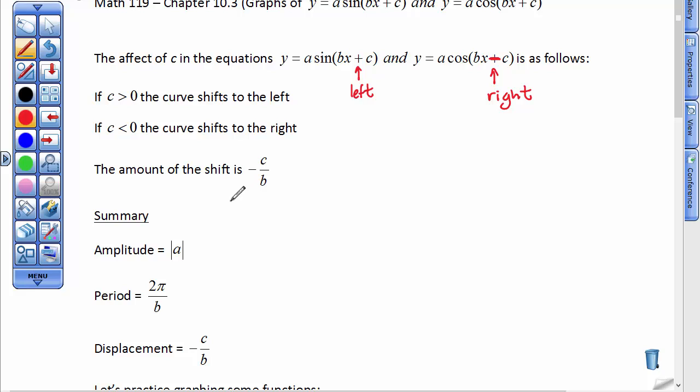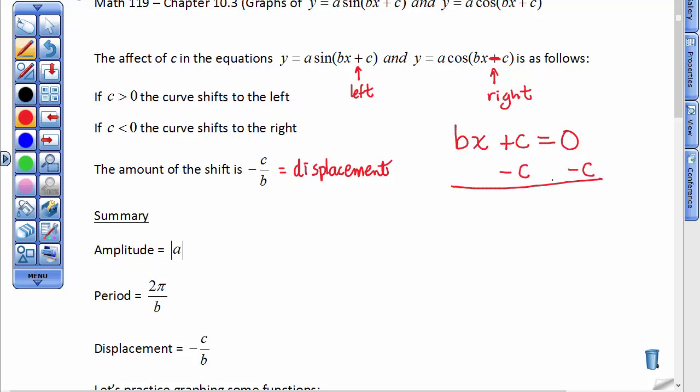And the amount of the shift, which we call the displacement, we ended up taking the opposite of this c value, because remember, we set bx plus c equal to 0, so we subtracted c from both sides, and again, we're trying to solve for x. Then we divided both sides by the coefficient of x, and we find that the displacement is always going to be the opposite of c divided by b.